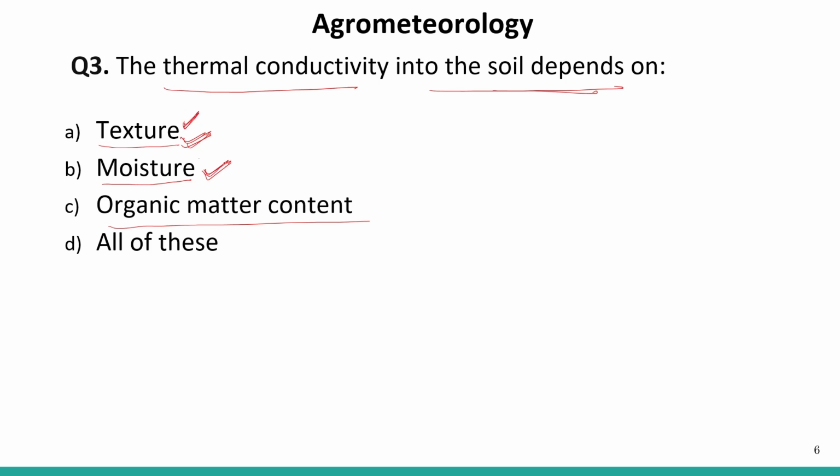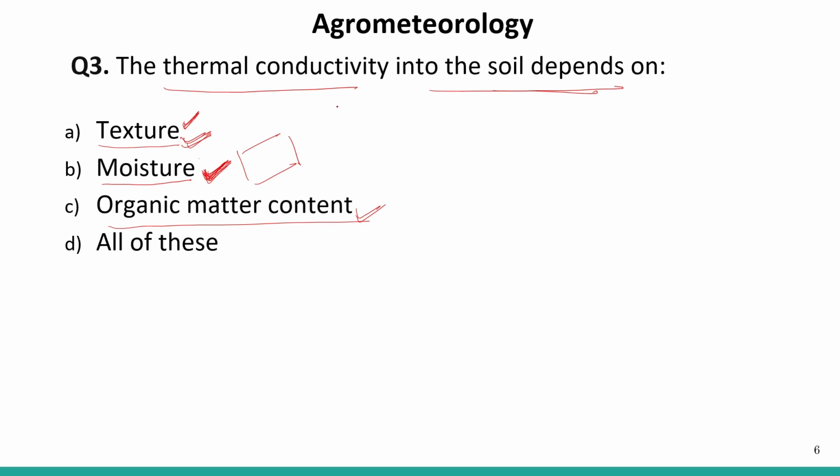Moisture is also very, very important. Moisture varies from soil to soil. Every soil is not having an equal amount of moisture, right? The soil which has a lot of organic matter will have greater moisture, and the organic matter content present in it also varies.